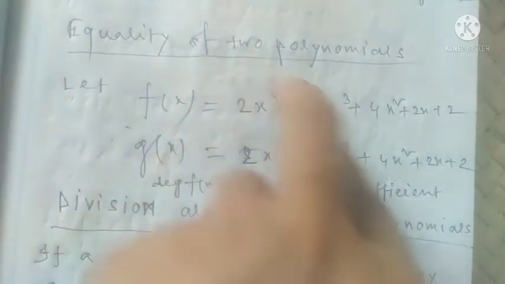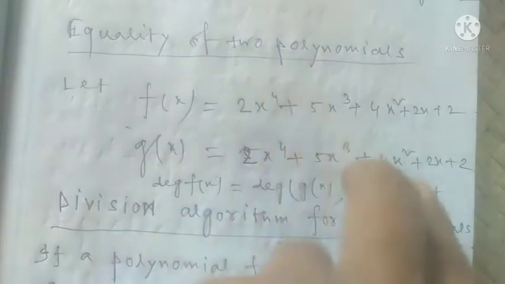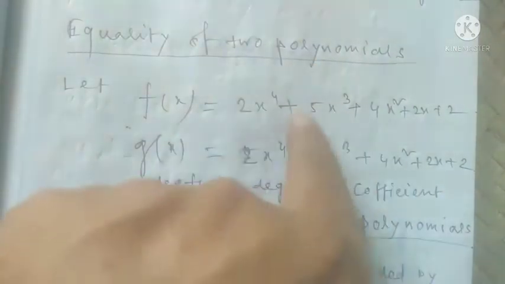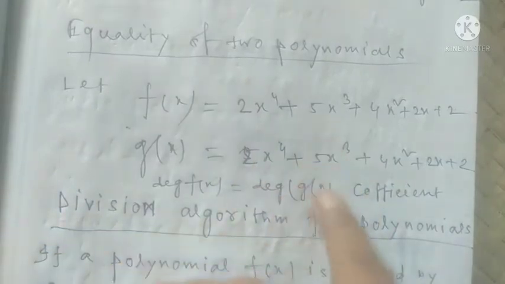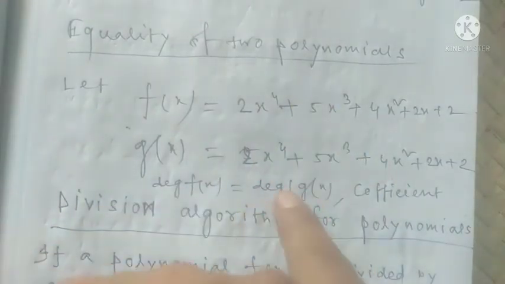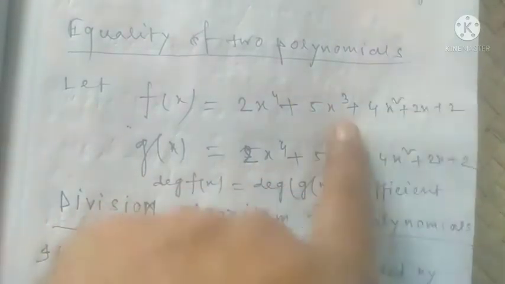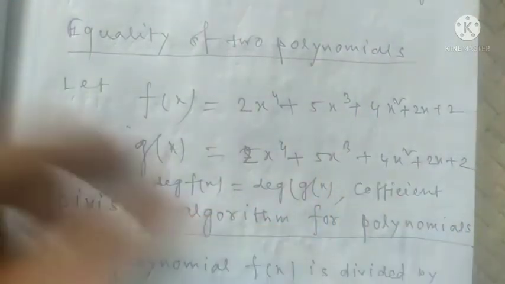That is the equality of two polynomials.